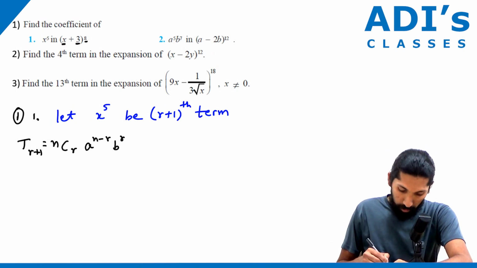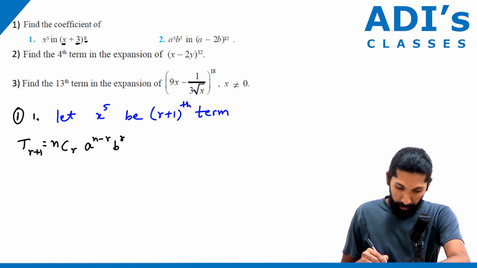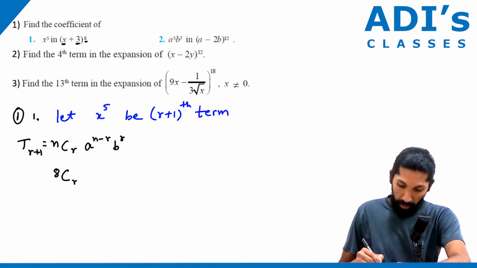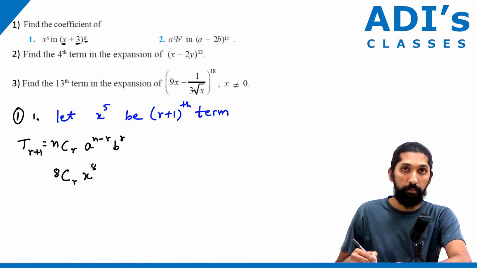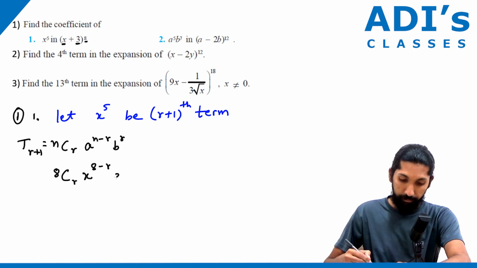That means the x to the power of 5, whatever it is, we are going to take 8Cr, we don't know the value of r, 8Cr, x to the power of 8 minus r, into 3 to the power of r.